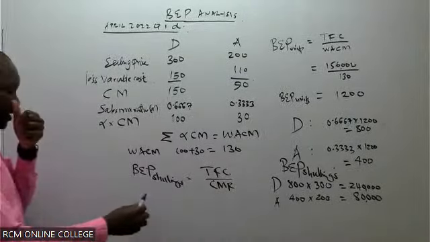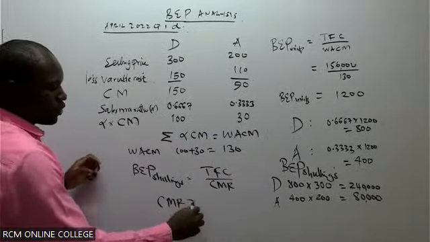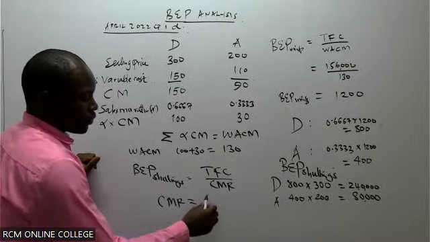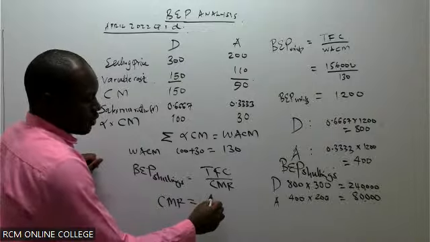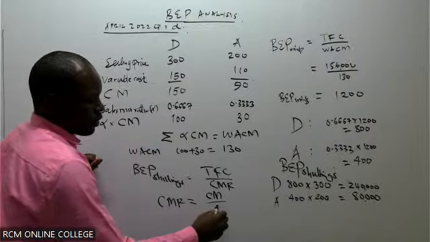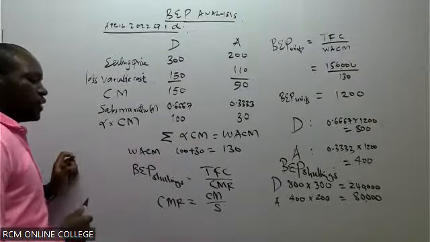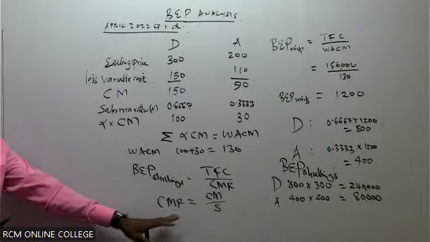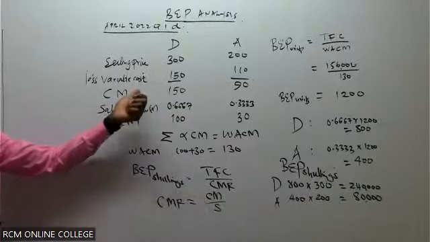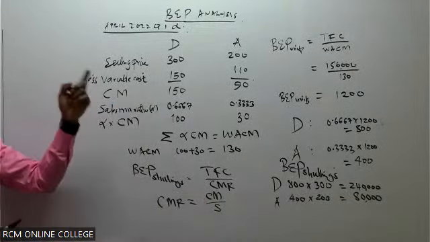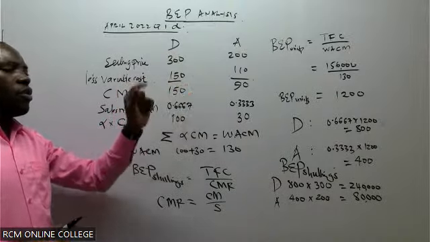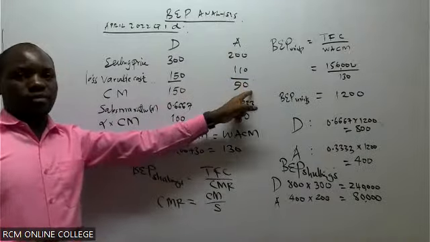The contribution margin ratio is equivalent to contribution margin divided by selling price per unit. Now look at the contribution margin here. My question is, are you going to take the contribution margin of product D, which is 150, or of product A, which is 90?